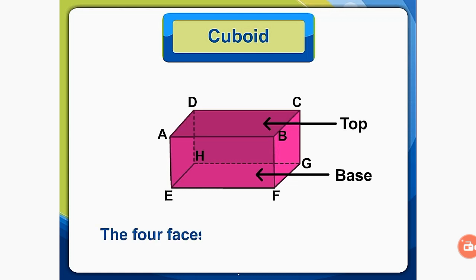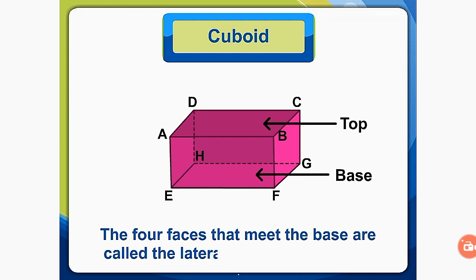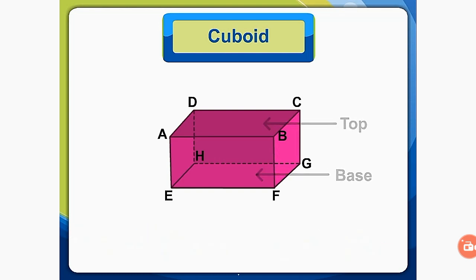So the other 4 faces that meet the top and bottom are the 2 side faces, and the front and back faces. So two side faces and front and back faces are called the lateral faces of this cuboid.